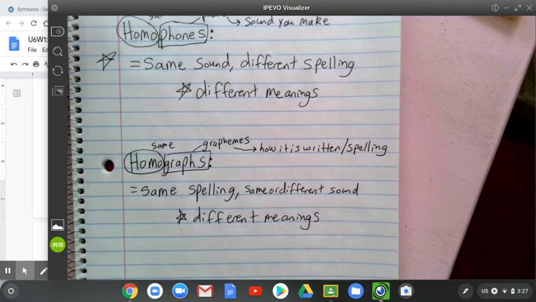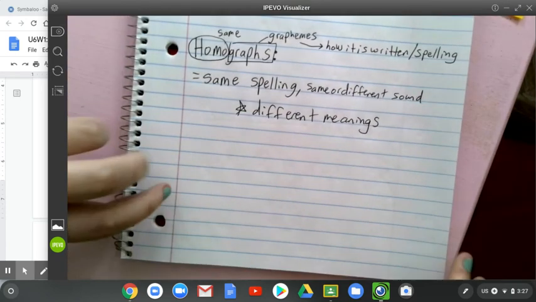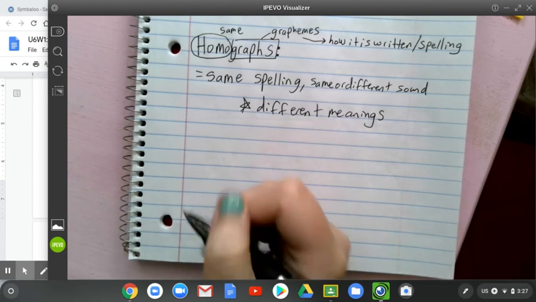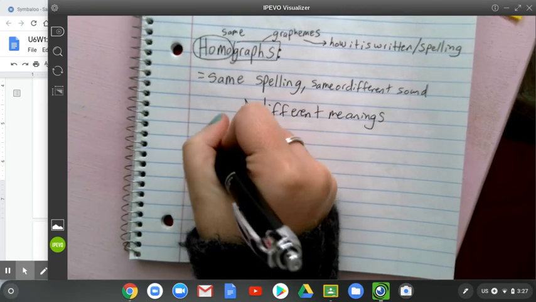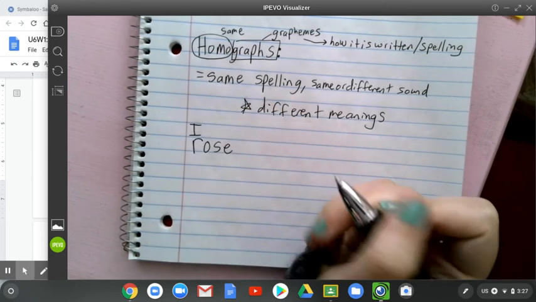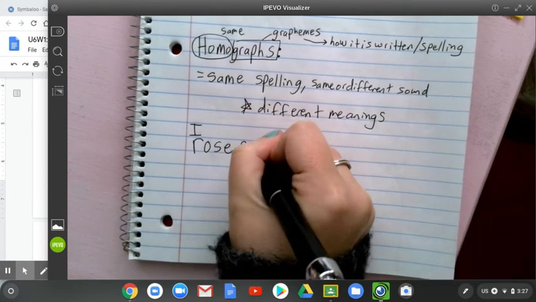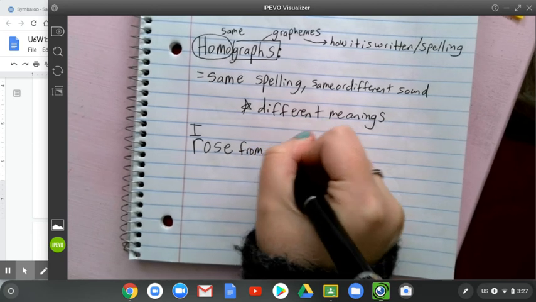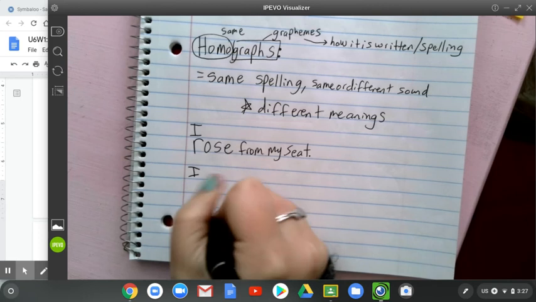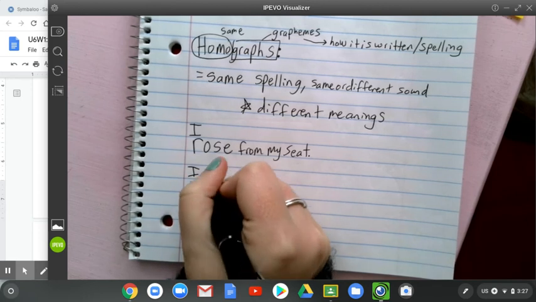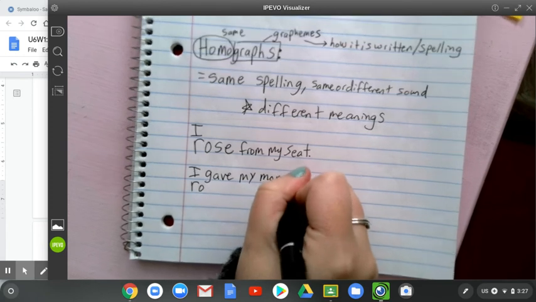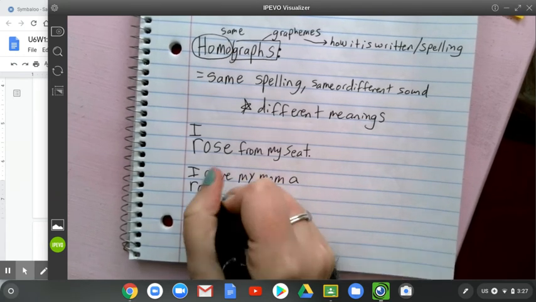All right, so I'm going to write 2 words down on the bottom, and I want you to decide, are they homophones or homographs? So let's say the word rose. I rose from my seat, or I gave my mom a rose.